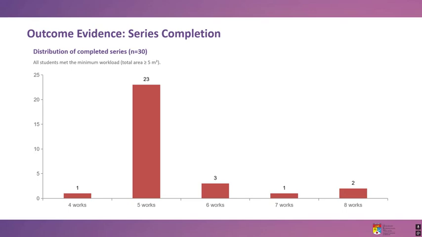The number of works is distributed like this: 8 works 2 students, 7 works 1 student, 6 works 3 students, 5 works 6 students, and 4 works 1 student. This shows that with the cycle 2 structure and VGT support, students were able to keep producing and finish a full series.